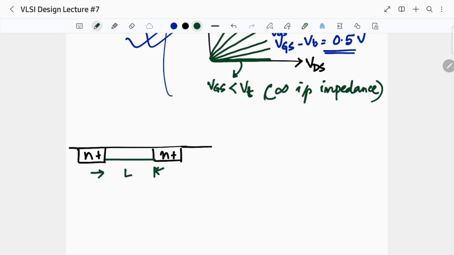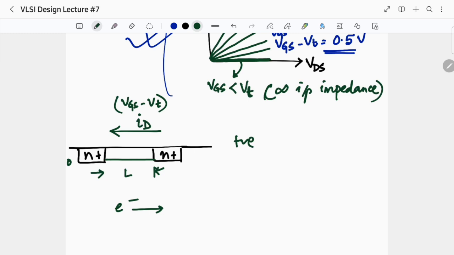Over here I have given a positive voltage, this side is 0, and this side also we have VGS minus VT, which is required to get this channel. Now I am telling you that current flows from drain to source, so electrons will flow from source to drain, and current is flowing with the help of this channel.